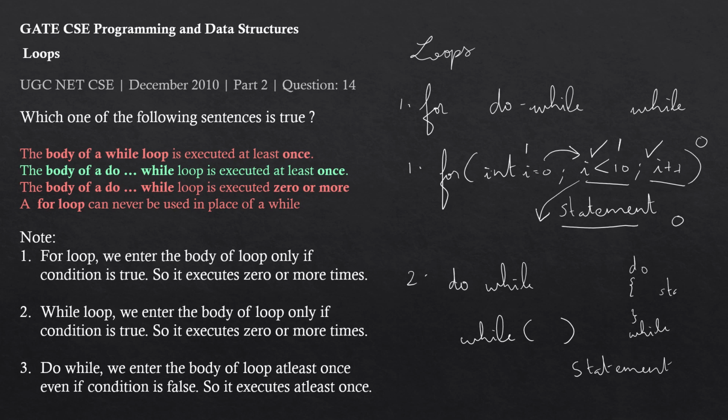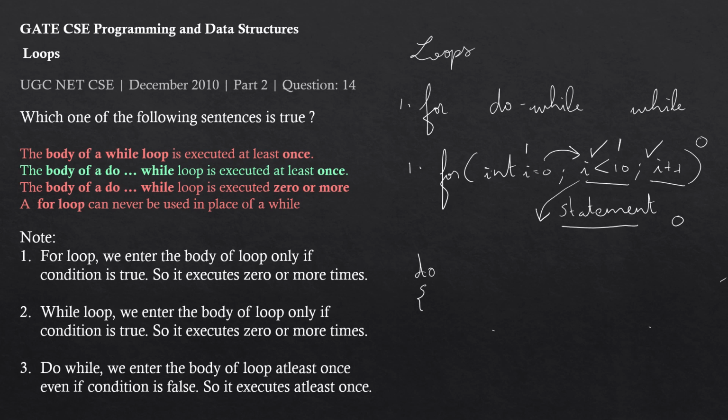It's going to execute a statement at least once. It doesn't check the condition first. So your do while loop first executes the statement and then only it goes to the condition. But in the while loop, first it checks the condition and then you do some statement.